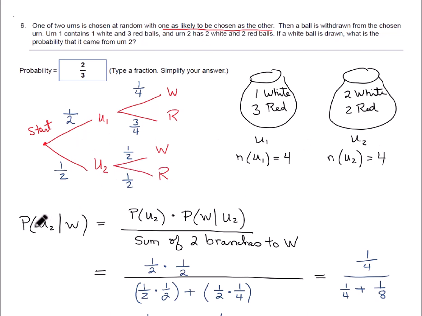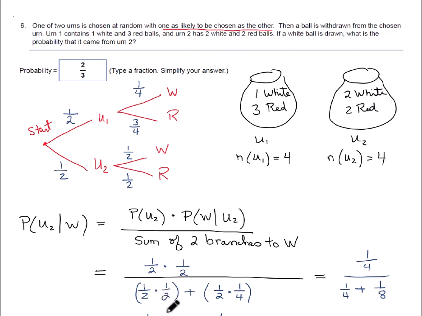So the probability of urn 2, given that I have a white. All right, so I'm going to have to sum 2 branches to get to white. So here's a white, so I need this branch, 1/2 times 1/2. I need this branch, which is 1/2 times 1/4. Let's see, the probability of urn 2 is 1/2. Probability of white given urn 2 is 1/2.